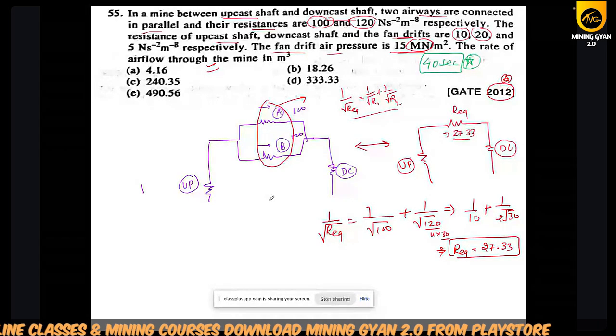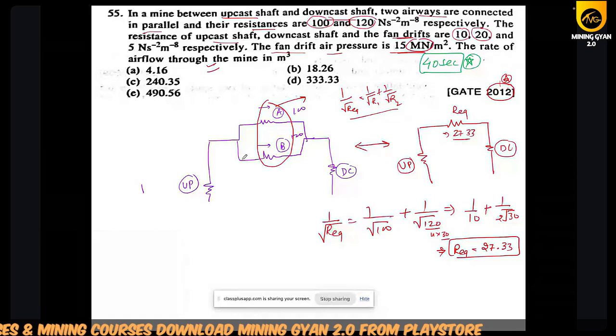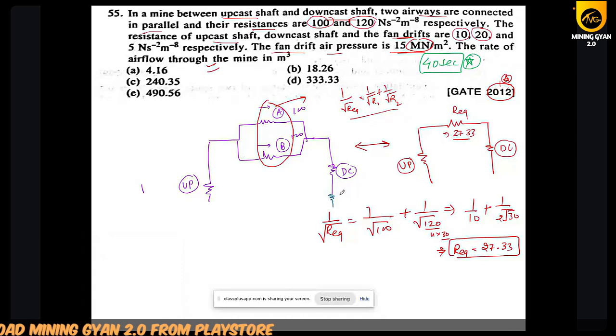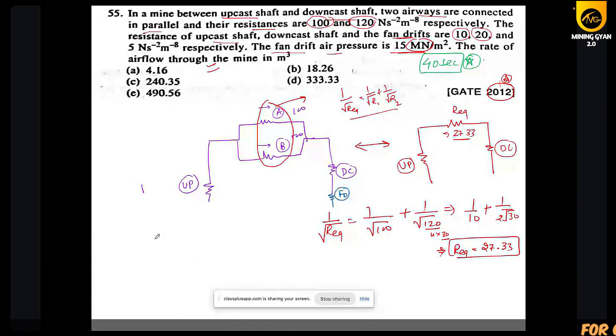Okay. Now the upcast, the equivalent of these, the downcast, and the fan drift you can also place here.